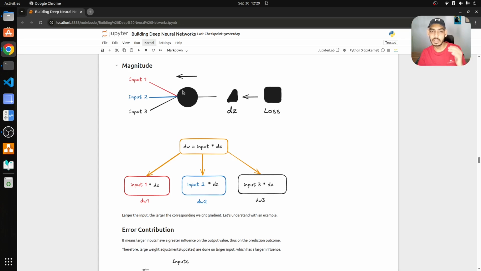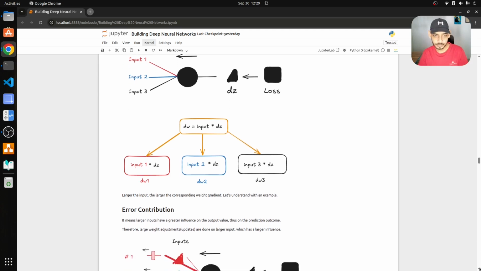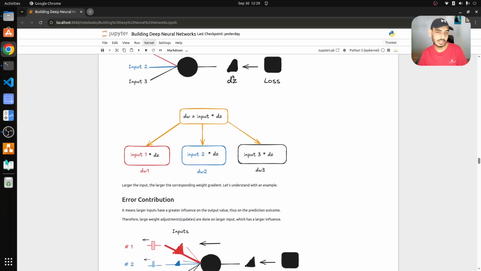Once you do the backpropagation, you calculate dZ. Since you calculated dZ, for each input you want to update the corresponding weights, which are dW1, dW2 and dW3. So the larger the input, the larger the corresponding weight gradient.